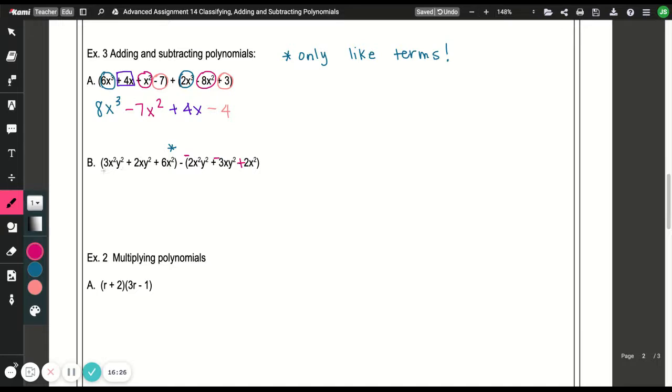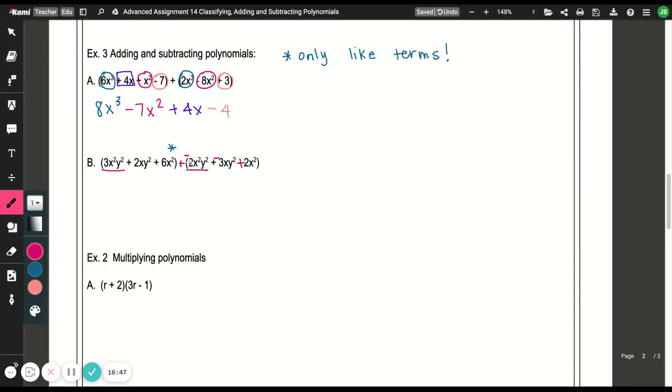So I'm going to look for like terms. We have an x squared y squared and then another x squared y squared. This is now adding because I already did the negative. They have the exact same variables with the exact same exponents. Those are like terms.